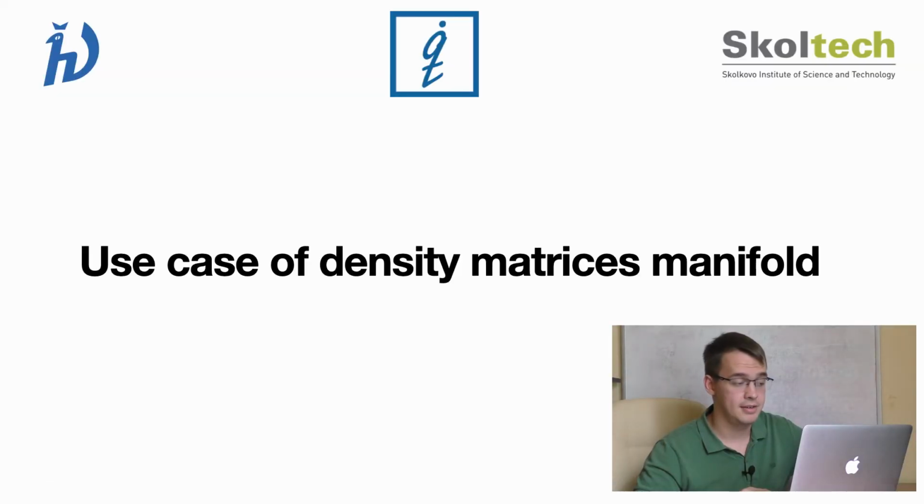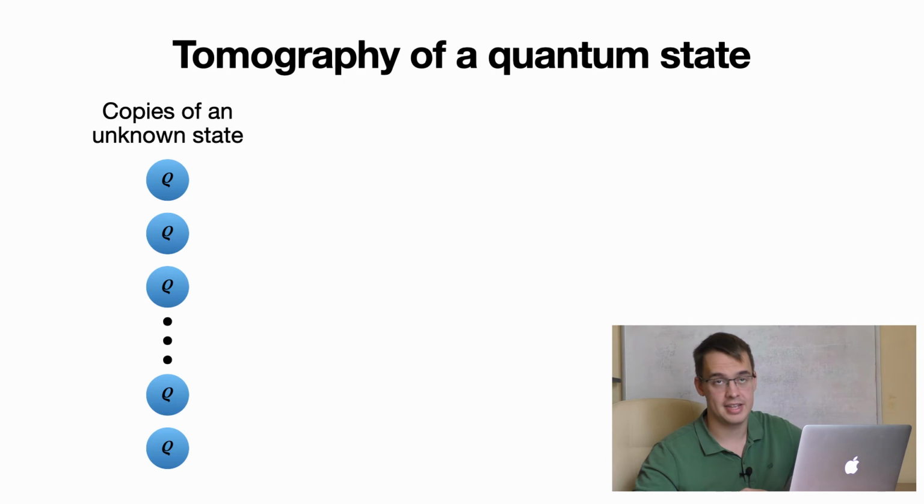Now let us consider use cases of density matrices manifold, and the most straightforward and obvious application of the manifold of density matrices is tomography of quantum states. Let us assume that we have an experimental setup, and this experimental setup contains quantum system with unknown quantum state, and we want to reconstruct the state of a system. How can we do that? For example, we can do the following.